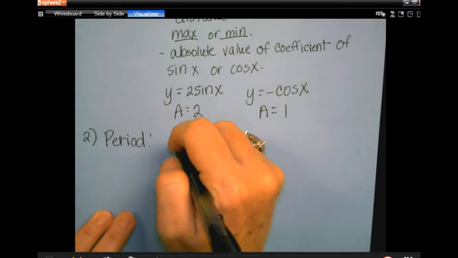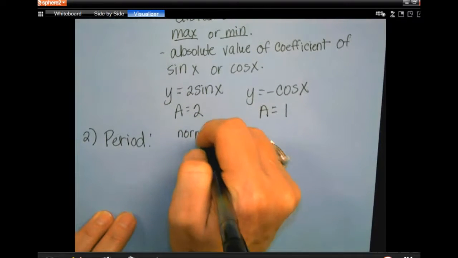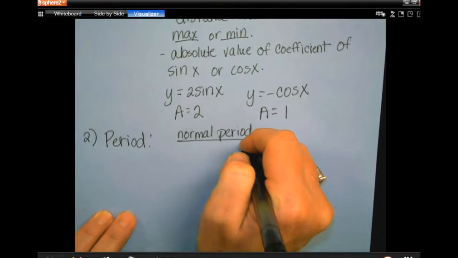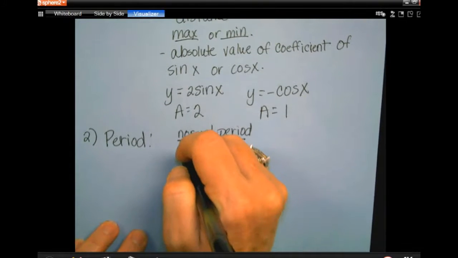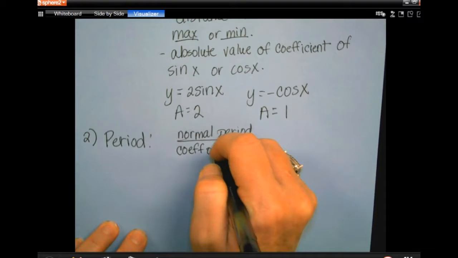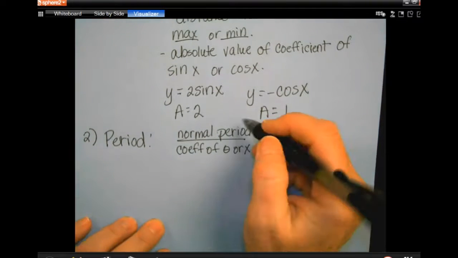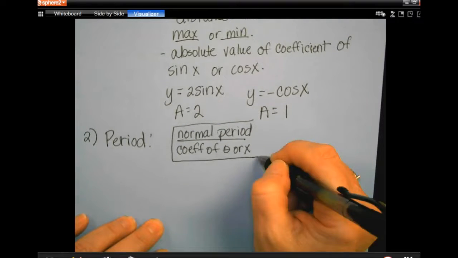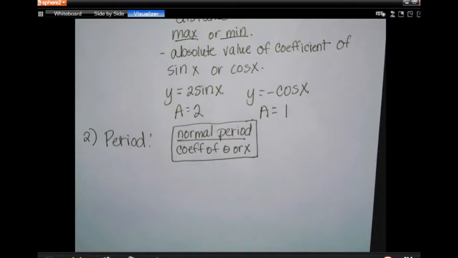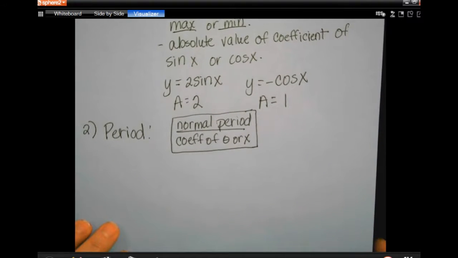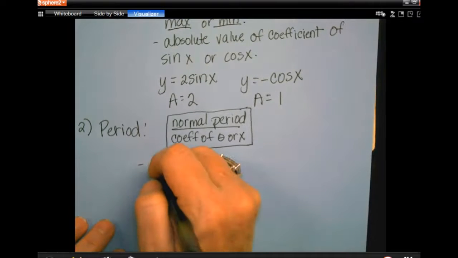This is going to be the normal period divided by... so this is how you're going to find period. That's the actual formula. So the period's always positive.